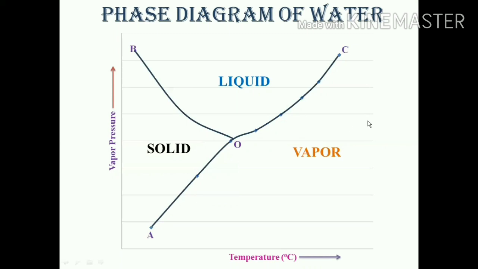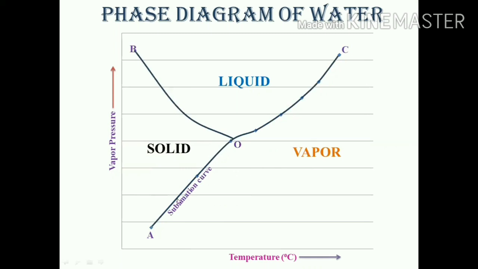Let's try to explore. We see that the curve AO, if you just try to zoom in into this part, actually is, let's say, a division line between the solid state of water and the vapor state of water. I hope we all agree to this. Yes.